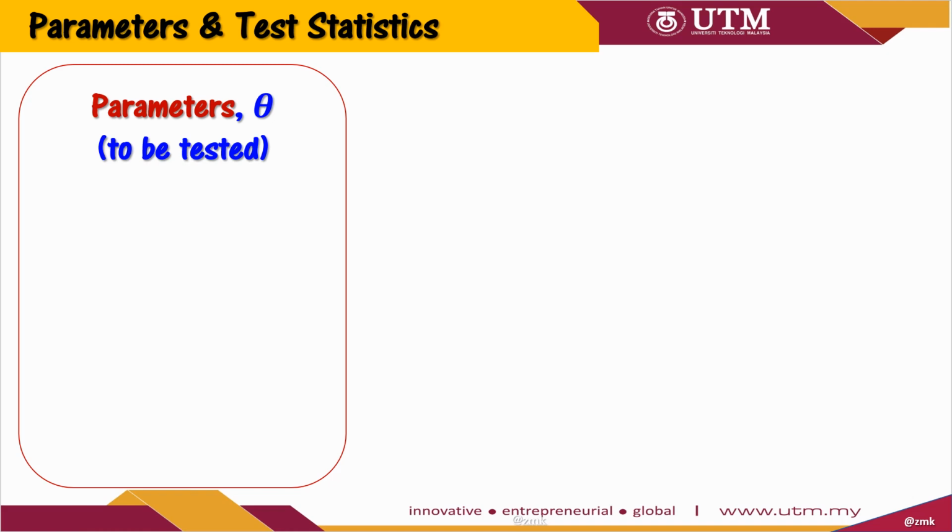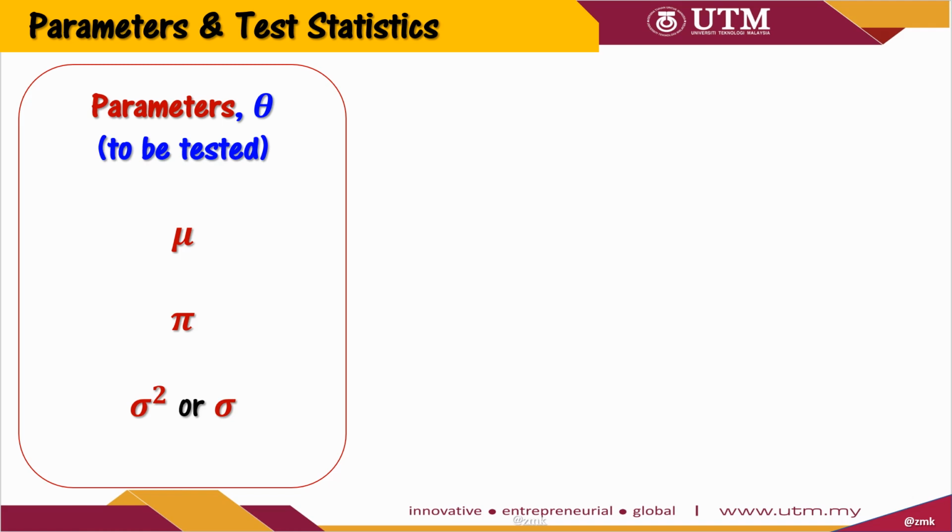The 6 parameters are exactly the same parameters we have estimated in Chapter 3 on estimation. The parameters to be tested include the parameters from single populations, which are single population mean mu, single population proportion pi, and single population variance sigma squared or standard deviation sigma.